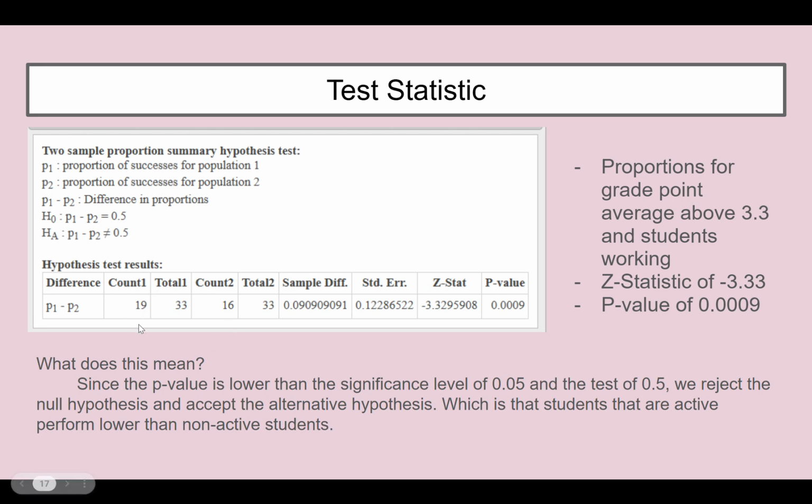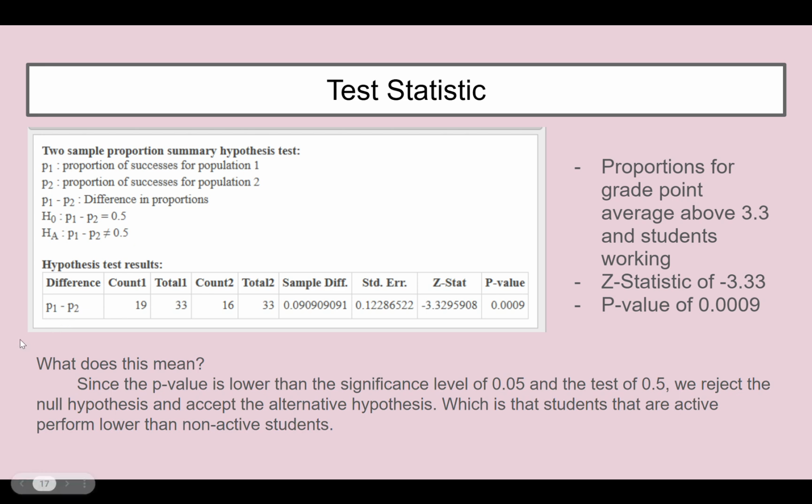I can't really remember. Our z statistic being negative 3.3, I just rounded that, and our p-value of 0.009. I did change the 0.5 because that's what I did for my hypothesis. I'm honestly not too sure if that affected our z statistic and our p-value, which it could have, but I think that was appropriate because that's what my hypothesis was.